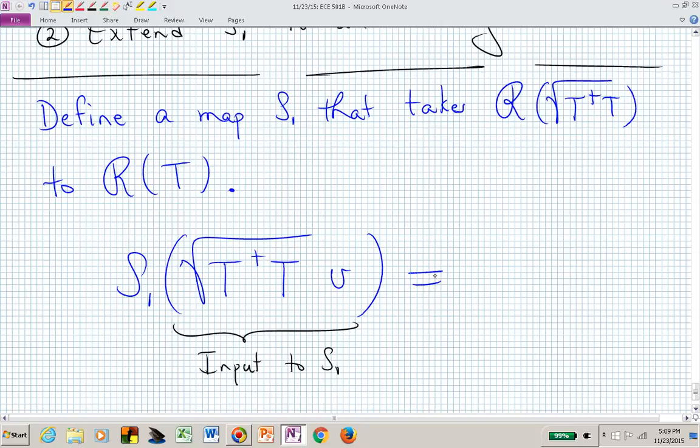And we're using this relationship to define S1, where that needs to equal T with V. We need these to be the same. And this is the output of S1.